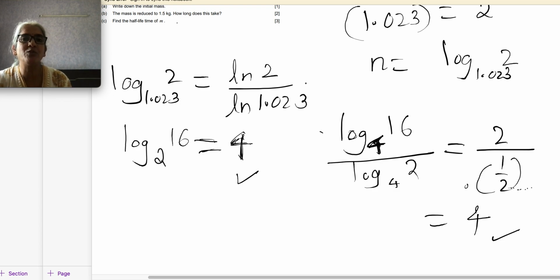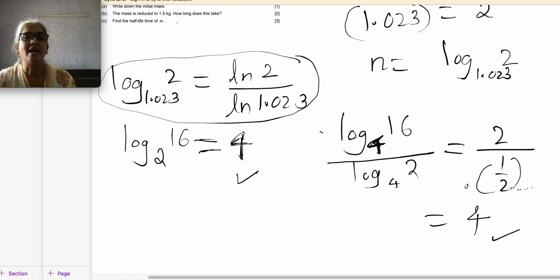And therefore now if you go back to the question and see how I have changed the base, instead of 1.023 the base was to be the natural log, which was number e, and so I wrote log of 2 to the base e divided by log of the old base to e, because e was the new base, and that's my first answer.